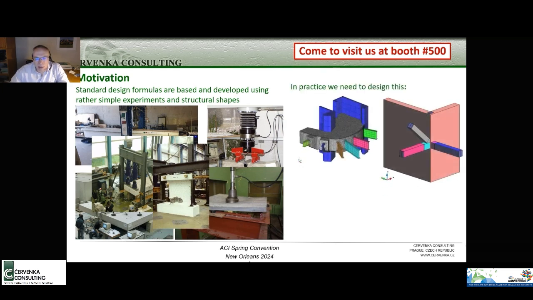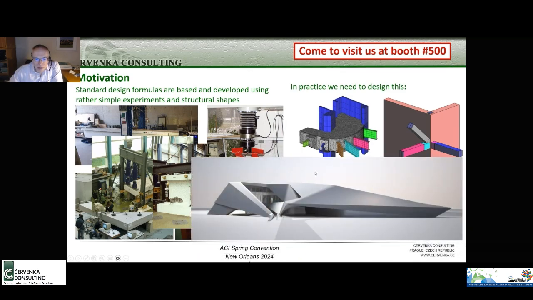But in reality, we need to apply these formulas, typically empirical, to simulate often situations which are quite complex, like these embedded steel parts in this very massive reinforced concrete slab. Or nowadays, the architects design quite complex and fancy shapes, which again are quite different from our laboratory assumptions.